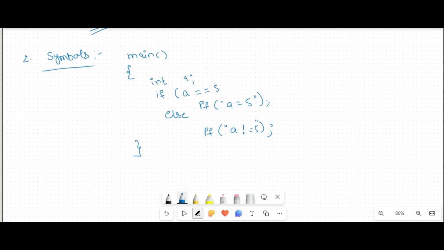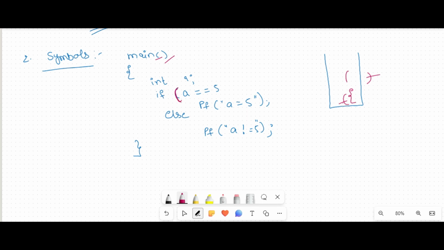Whenever you are compiling, the open symbols will be pushed into the stack. If it is an open parenthesis, that open parenthesis is pushed into the stack. When a closing parenthesis occurs, what is the top of the stack? Open parenthesis. So these two symbols are balanced. Next is an open curly brace, then open parenthesis, then another open parenthesis, then a closed parenthesis.